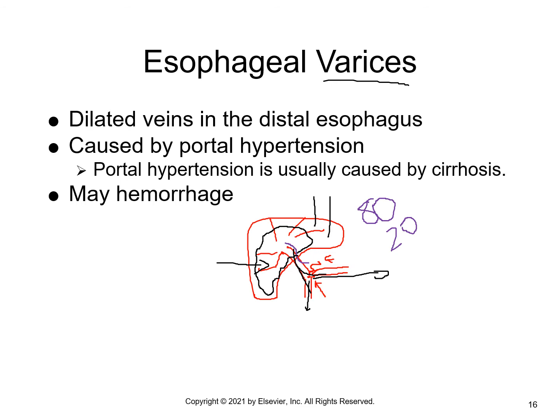So I know that's a very long, convoluted discussion on how that happens, but by understanding cirrhosis and the process of portal hypertension, it really describes a lot of the pathologies that we encounter in the abdomen and as we see with the esophageal varices in the thoracic systems.